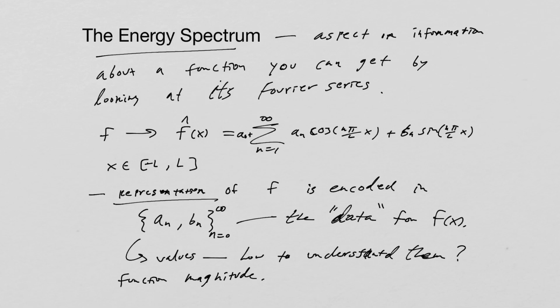Okay, so let's go to another page. If I have f and I want to look at its magnitude, of course this is going to be a number. How big is f?